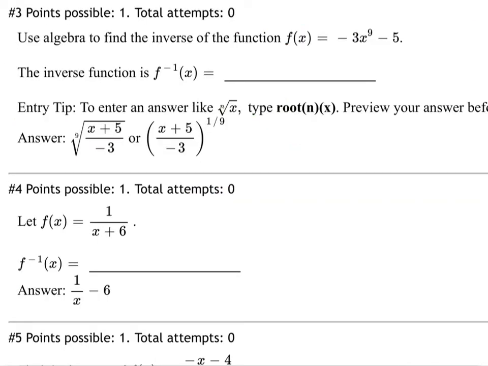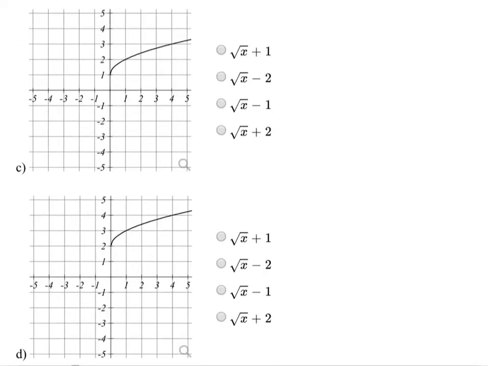Now number 3, use algebra to find the inverse of the function. So here we go again. In fact, I think it'd be better if I had some room to work. So let's go back here. So for number 3, we have y equals minus 3x to the 9th minus 5.